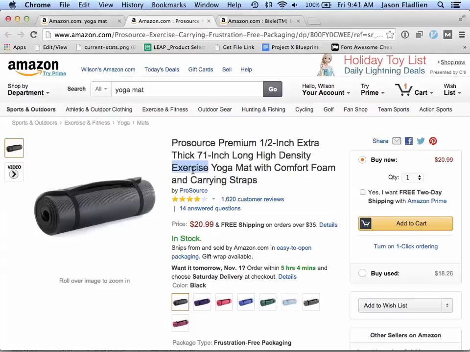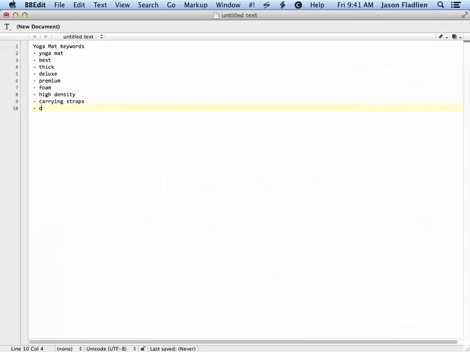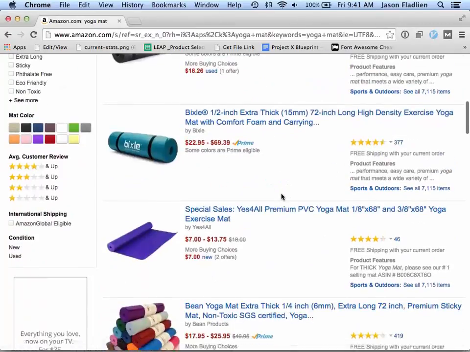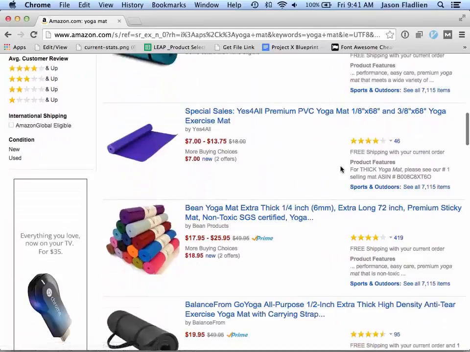Exercise, that's a good keyword, right? So let's put that down there as a potential keyword. At this point, we're just generating ideas. We're not filtering ourselves or anything like that. We're just generating ideas.